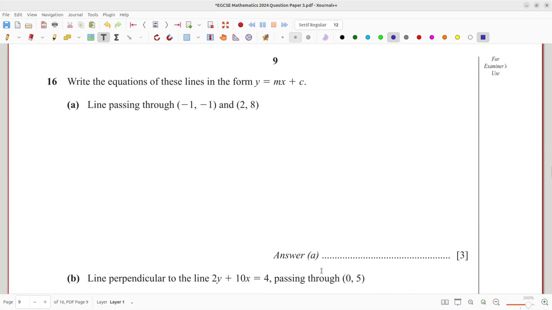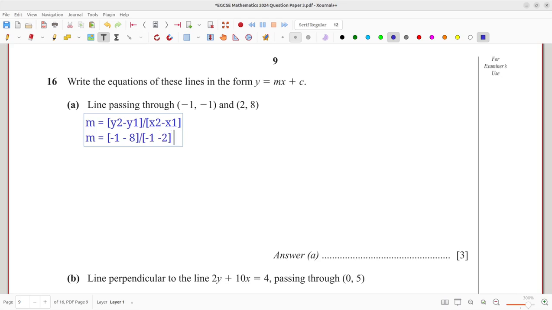Write the equations of these lines in the form, line passing through a point. You know, first find the gradient, which is equals to your y2 minus y1 over x2 minus x1, and then this one means that your m is equals to y2, that's negative 1 minus 8, all over negative 1 minus 2.